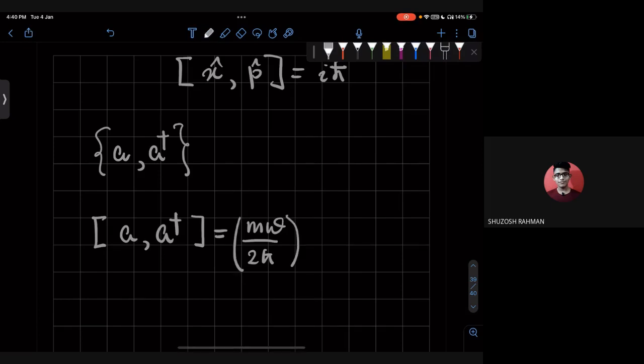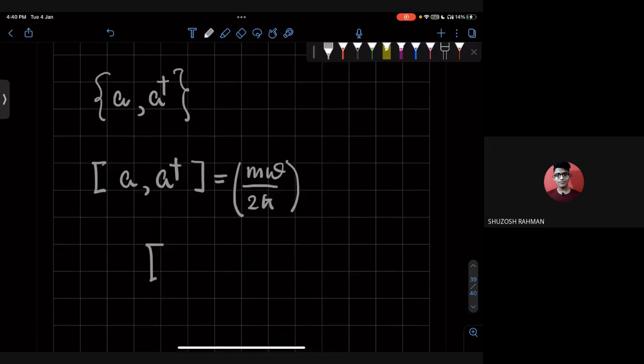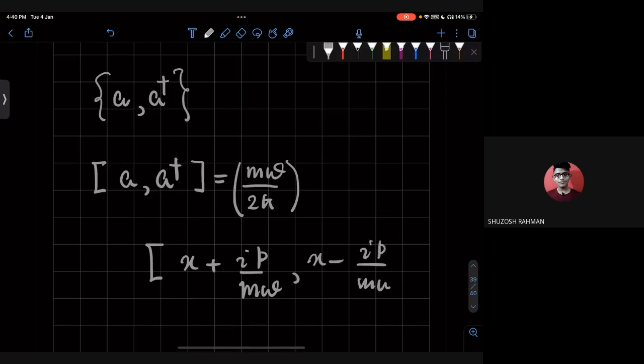Inside the commutator, we have x plus i p divided by m omega, and here x minus i p by m omega.